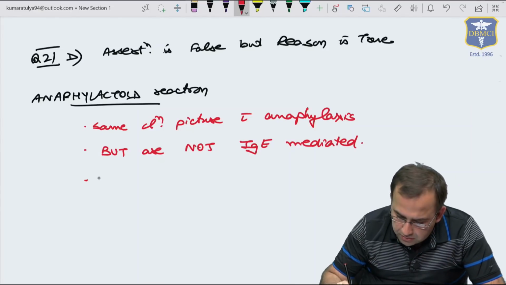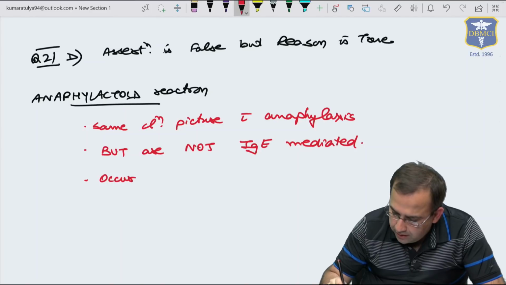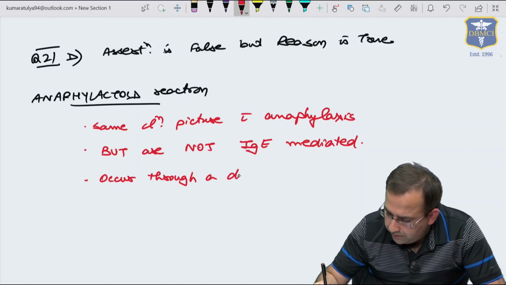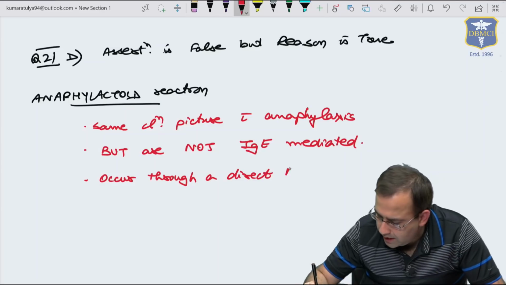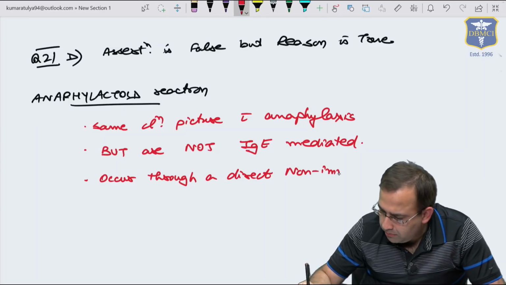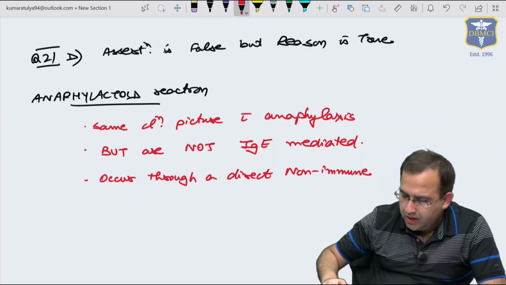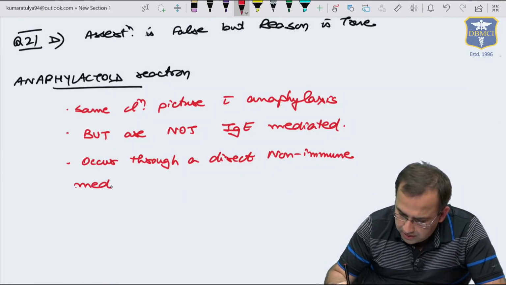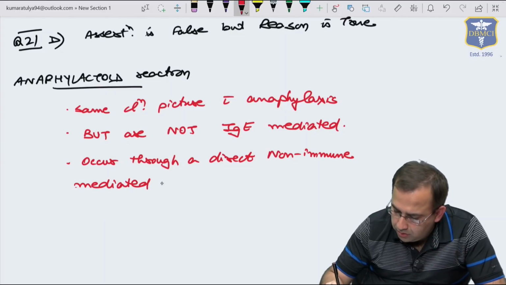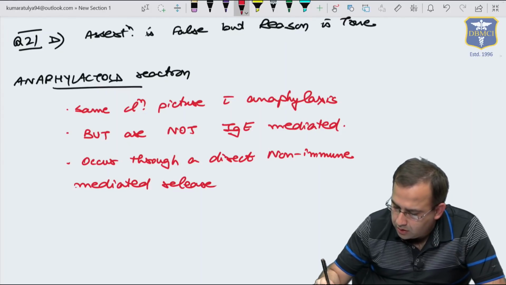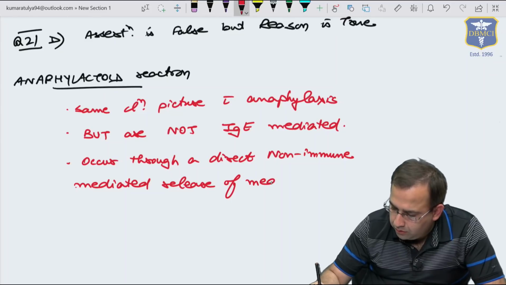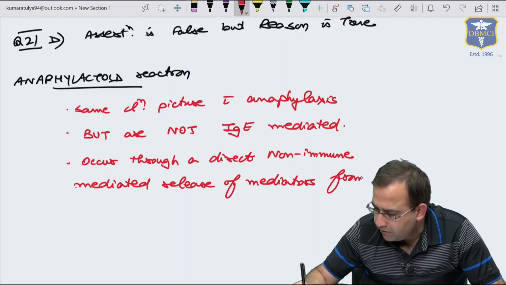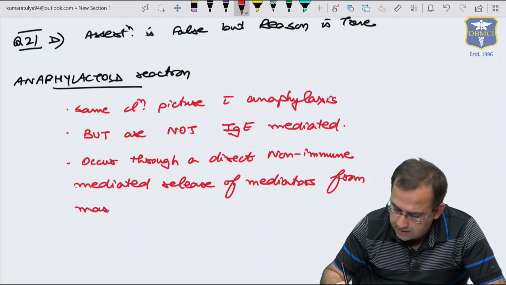Next point, they occur through a direct non-immune mediated release of mediators from mast cells.